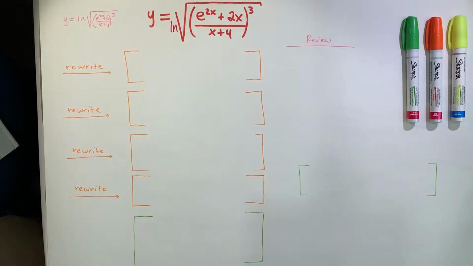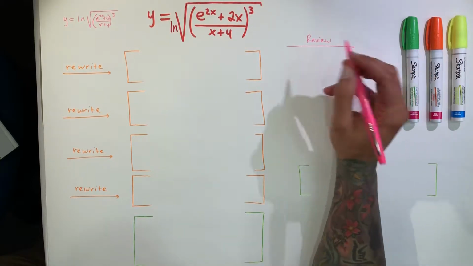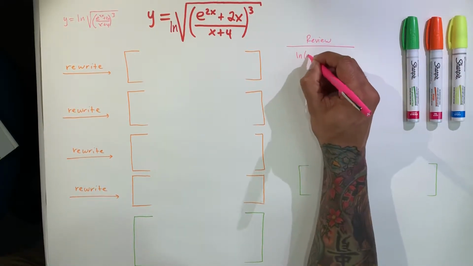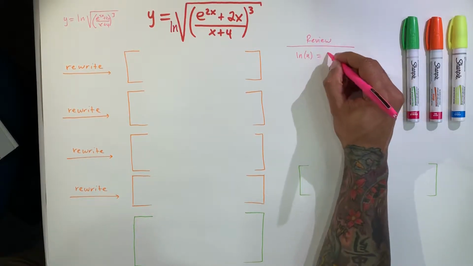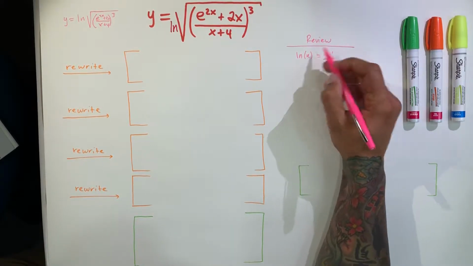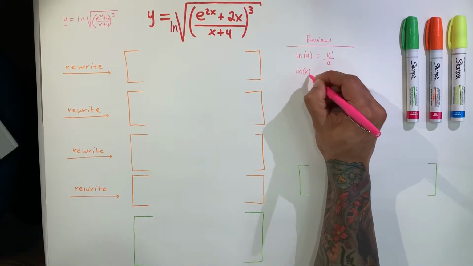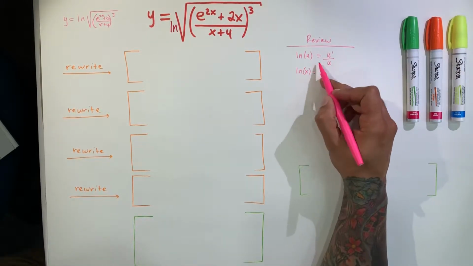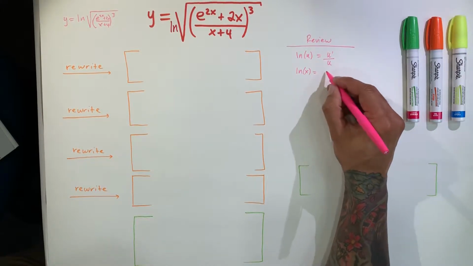Okay, so now before we start, let's review some of the properties of ln. When we do the derivative of ln of u, we have the derivative of the inside over whatever's inside. So if we have ln of x, we're going to do the derivative of whatever's inside and put it on the top, which is 1.